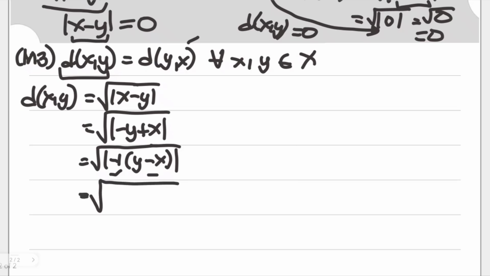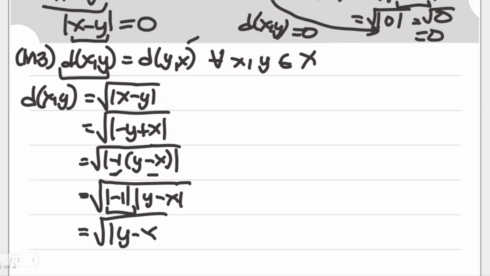There is a property for absolute value that lets us separate the scalar constant and the expression. In short, the absolute value of the product of a scalar and any expression is equal to the product of the absolute value of that scalar and the expression itself. Of course, the absolute value of -1 is 1, so you will have an expression like this.